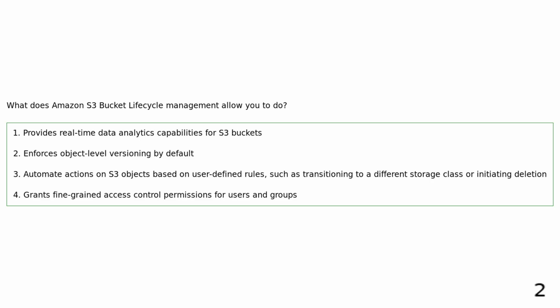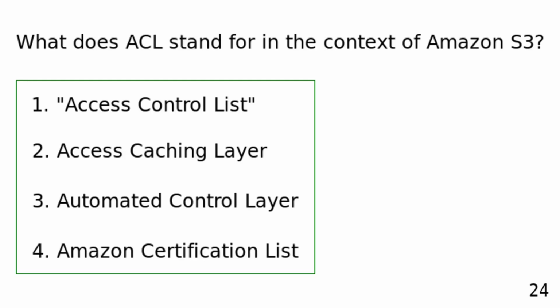Grants fine-grained access control permissions for users and groups. S3 Bucket Lifecycle allows you to define automated rules for managing objects within a bucket. These rules can trigger actions like transitioning to a cheaper storage class after a certain period or deleting objects after expiration.